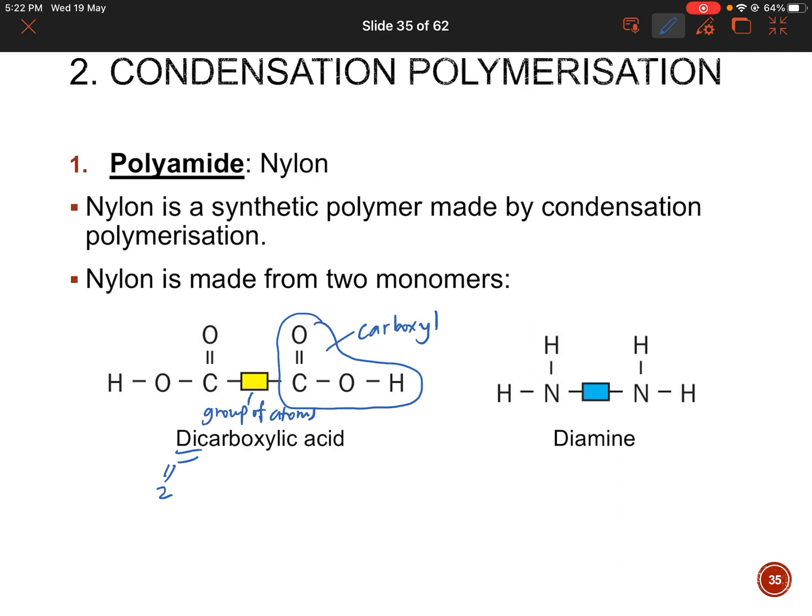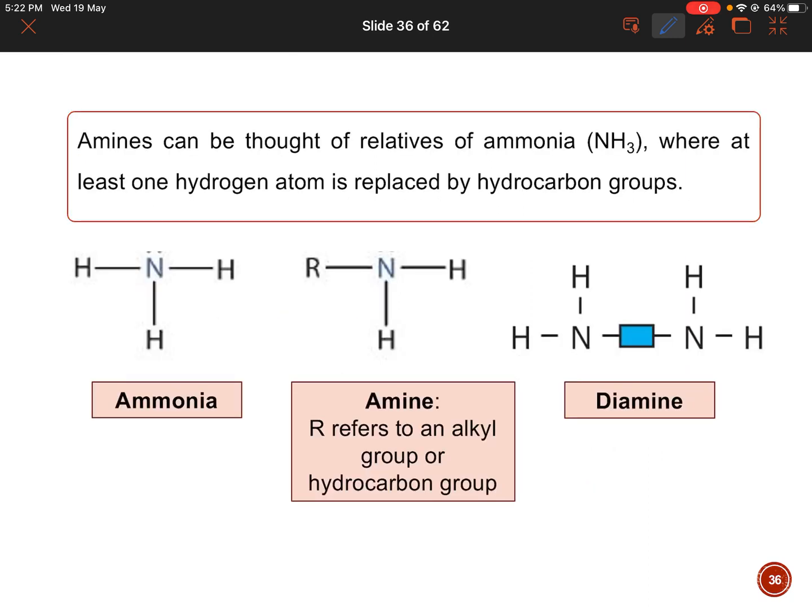On the right, we have a diamine. Now, amine is new to us. It's a different type of functional group as well. This over here is an amine group. Once again, the blue box is a group of atoms. It's a diamine because there are two of them, one at each end of the molecule. So what is an amine? An amine can be thought of as a relative of ammonia.